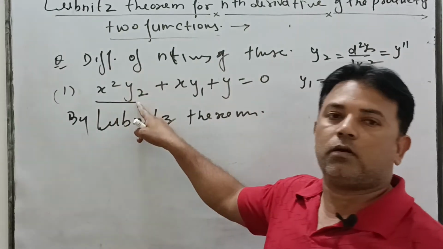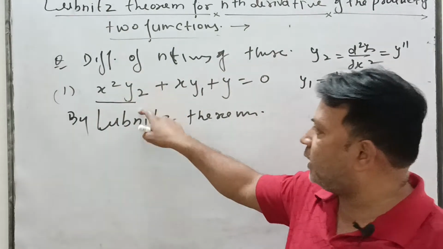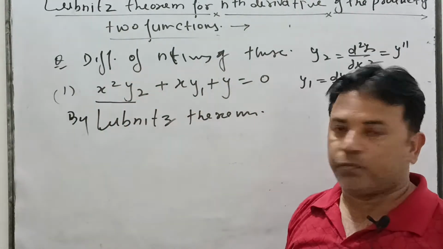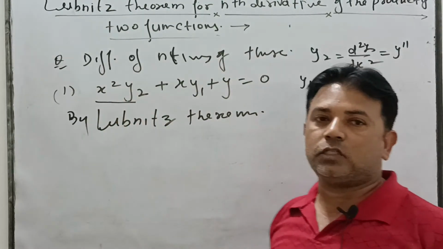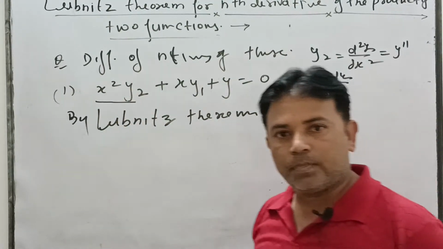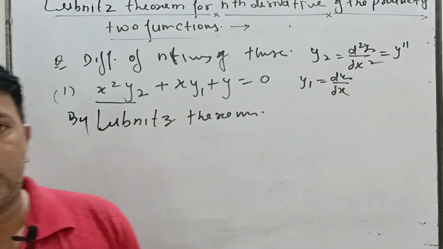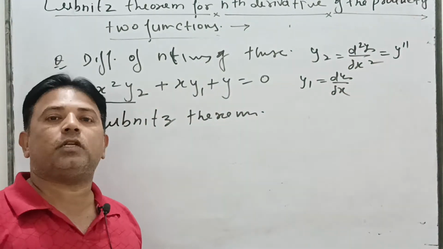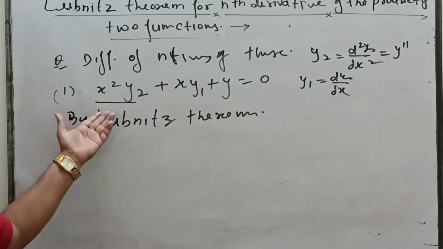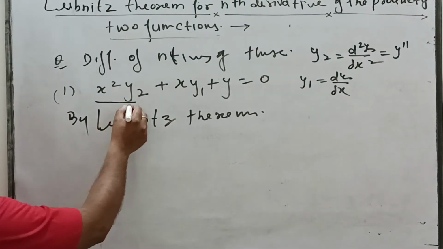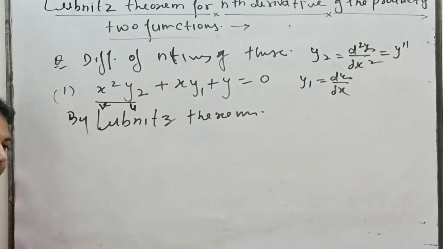This is never 0, so we find the nth derivative of this function. But x square differentiation gives 2x, again differentiation gives only 2, again differentiation gives 0. Only 2 means a constant value, and the differentiation of a constant is 0. So this is u and this is v.